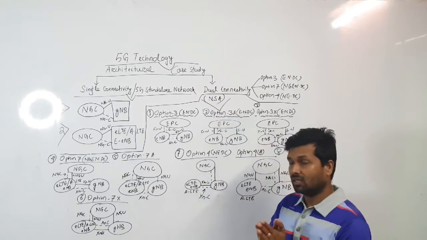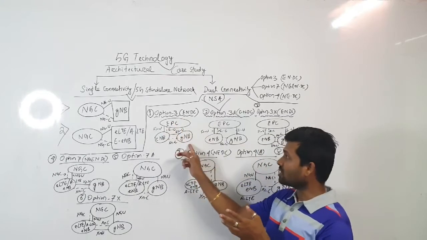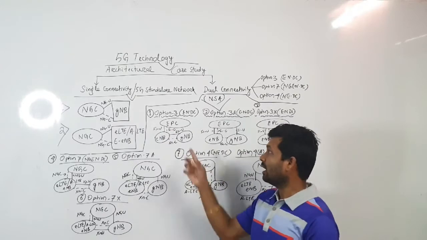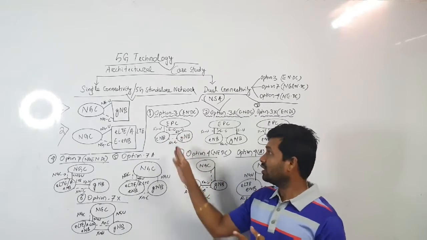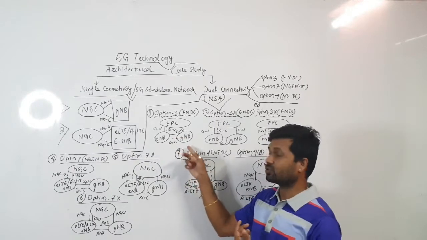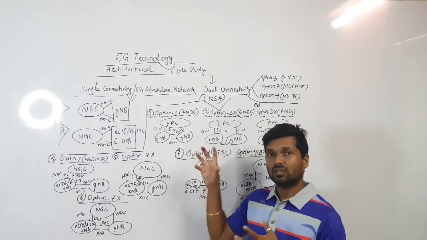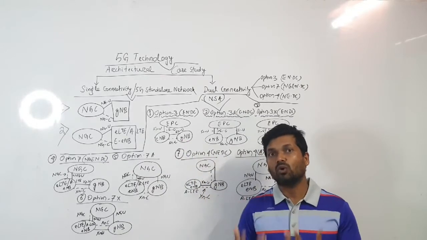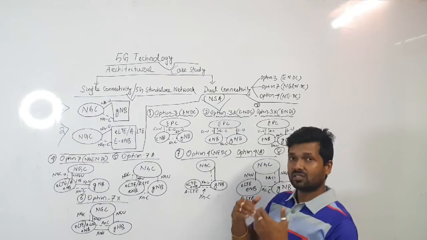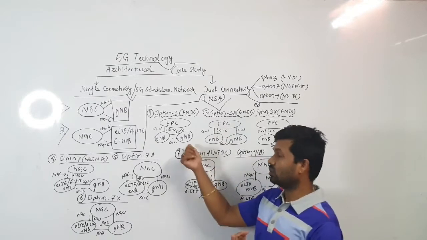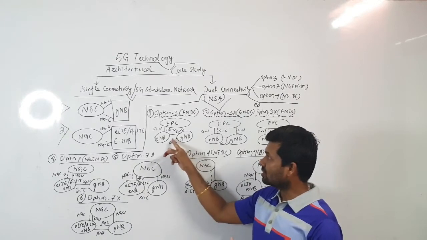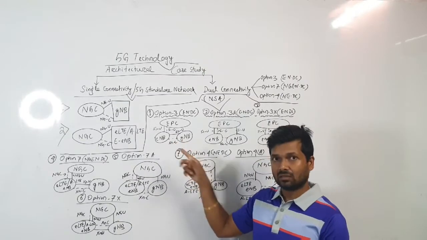The basic: if you are having an LTE network, you just add a new node, that is gNode B or NR, and then you have these definitions. You have to create some parameter changes in eNode B, also in gNode B, and you just use this gNode B as an additional node to your existing network. Okay, so that is the basic upgrade from LTE to 5G. So here this interface is called Xn.